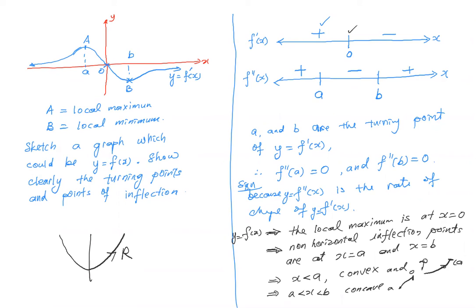So it still goes up, then it will go down, because here is negative. Then after that, it will be convex again, but going down. So you will take the right-hand side. So can you please sketch the graph on the same axis there?